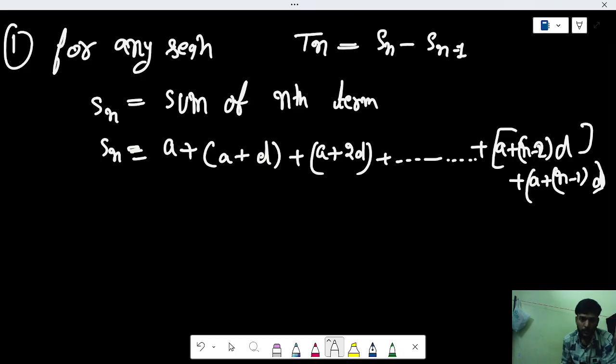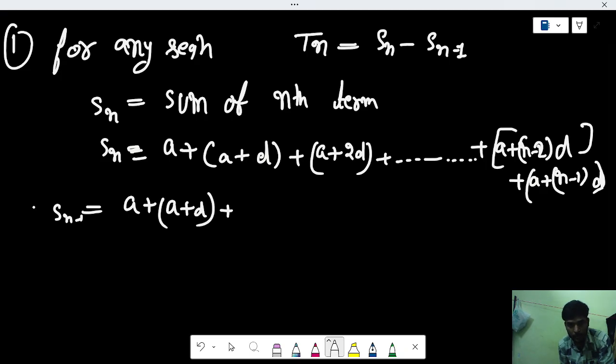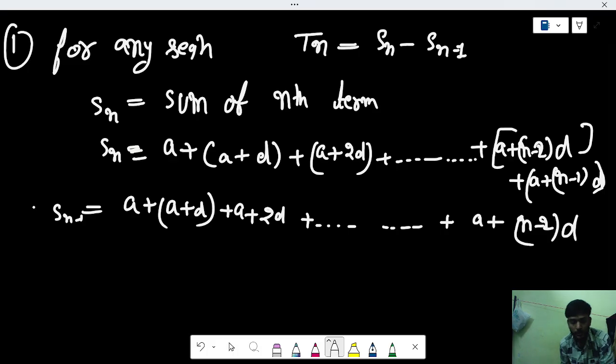And S(n minus 1) is equal to a plus a plus d plus a plus 2d and so on, up to a plus n minus 2 into d.